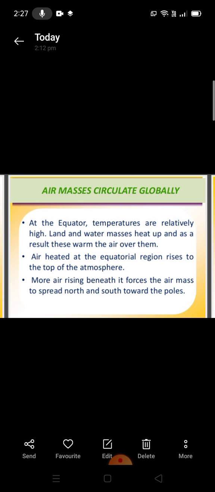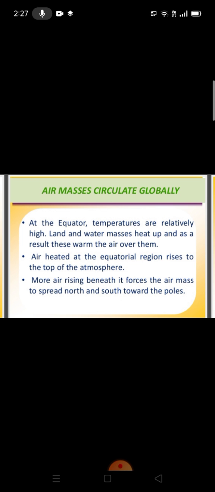ठीक है, but our earth, the surface wind moves or circulates globally. In the map also it is given in the book, then only it is easier for you to understand how and where these winds move.